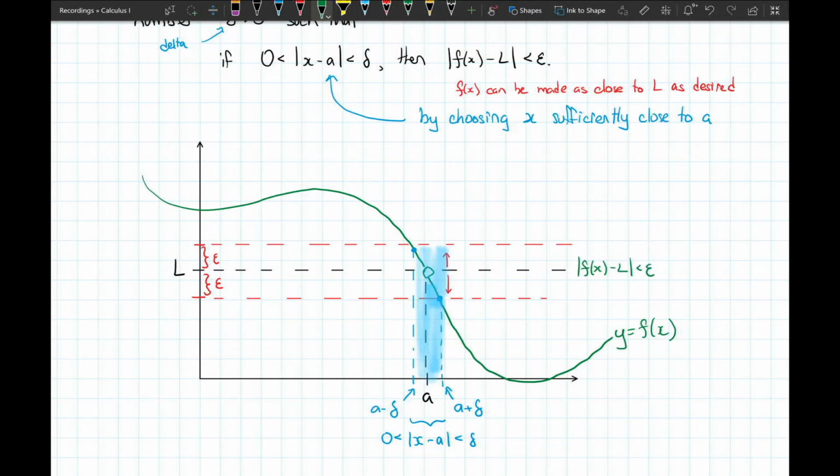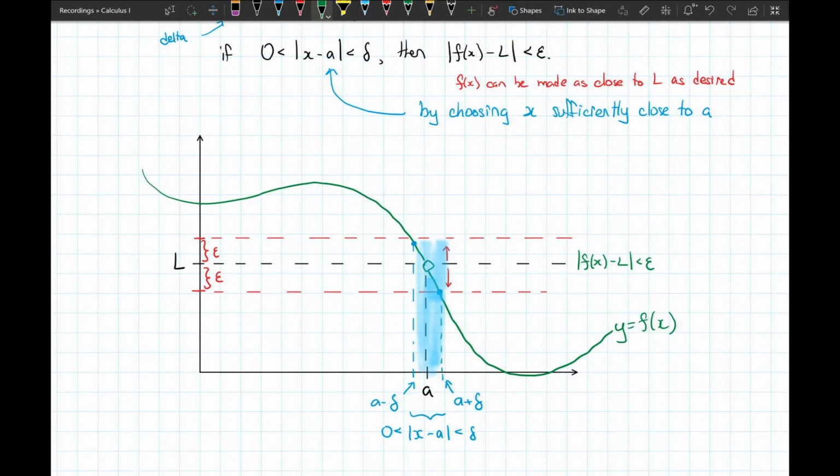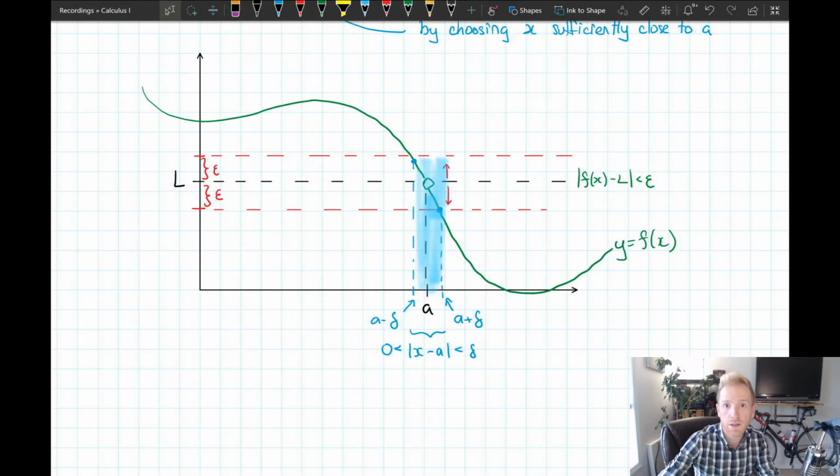And now the most important part to realize is that this process should be allowed to be repeated for any choice of epsilon. So now if you wanted to, you could shrink epsilon to be a smaller value, and along the y-axis you need to be even closer to L. And if you want to be closer to L, we should be able to repeat the process and find another little interval along the x-axis, another little blue shaded area, and that's going to get skinnier so that f of x is still between L minus epsilon and L plus epsilon, and the distance is still sufficiently close.